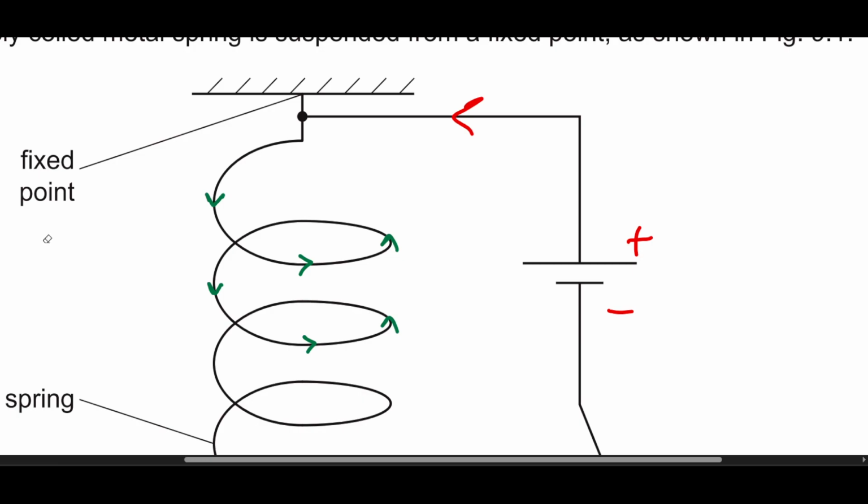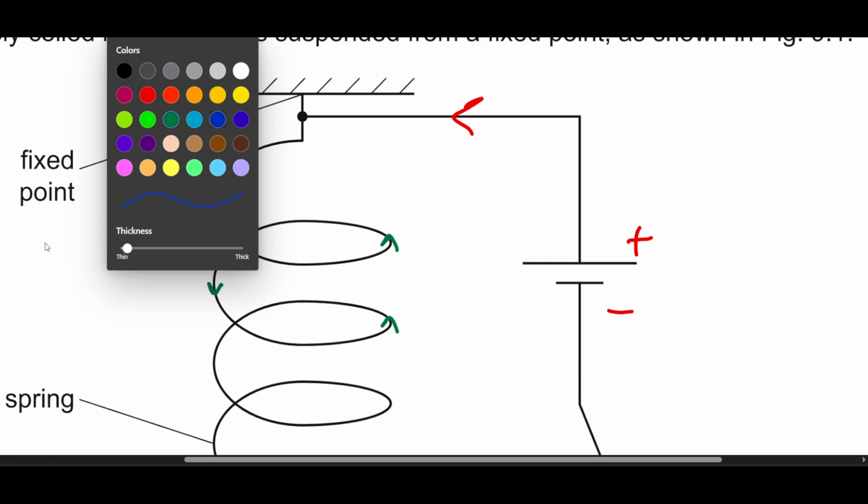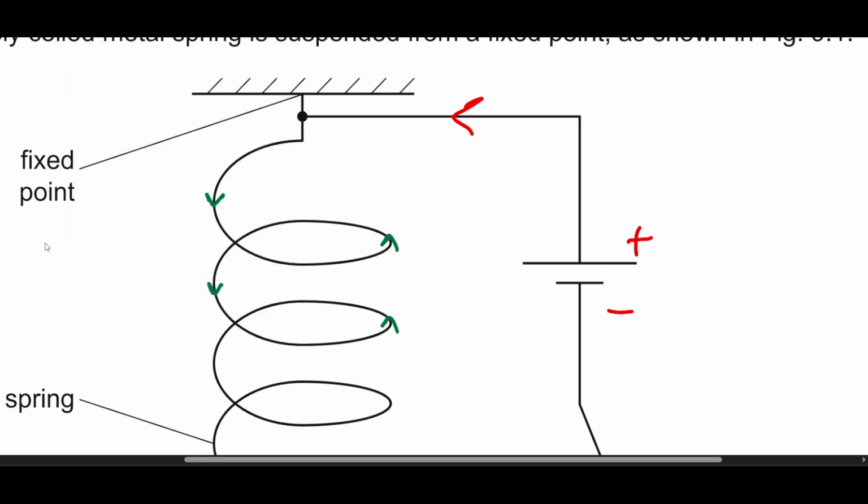So I'm going to remove these points and only focus on these edges, because whatever is happening at this point will be happening along the line as well, because it's the same trend, right? So using the right-hand grip rule, what is the direction of the magnetic field along this point? If I was standing at this point, to my eyes this current is actually moving away from me.